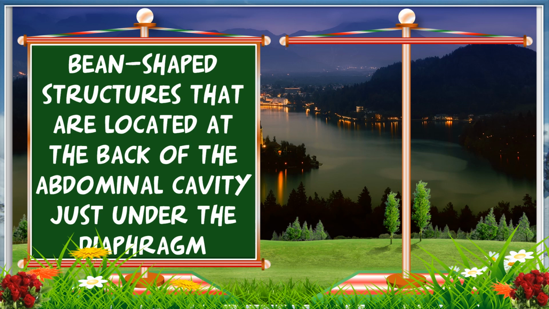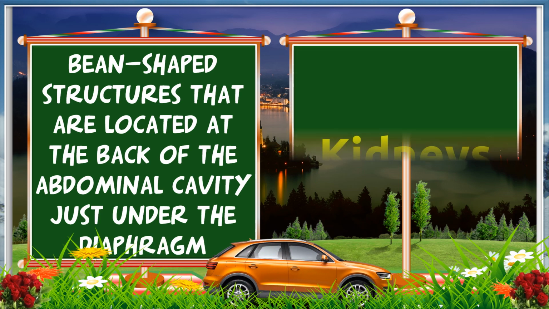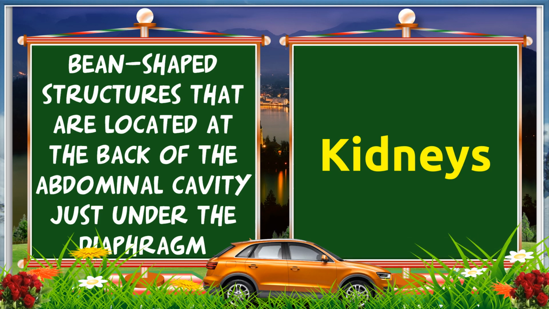Bean-shaped structures that are located at the back of the abdominal cavity just under the diaphragm. Kidneys.